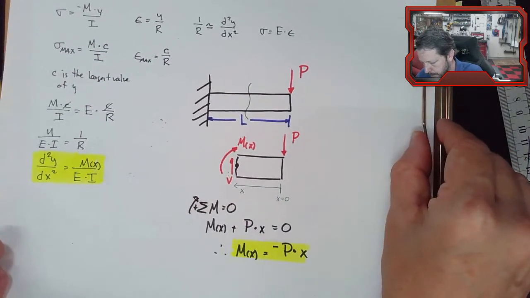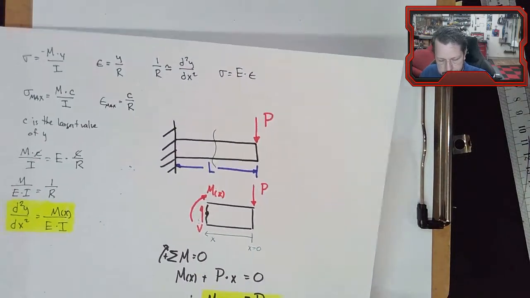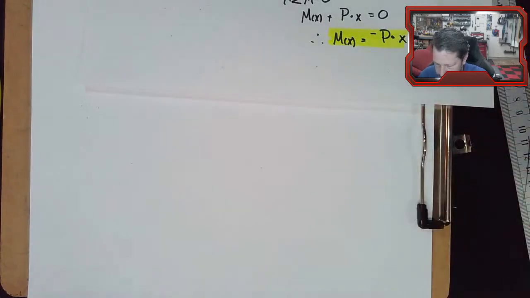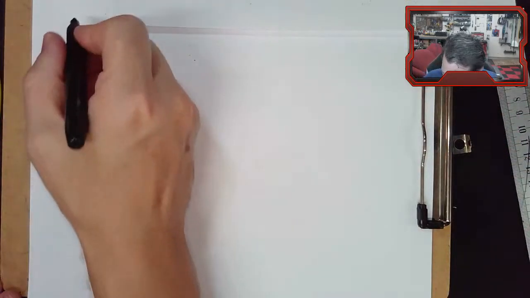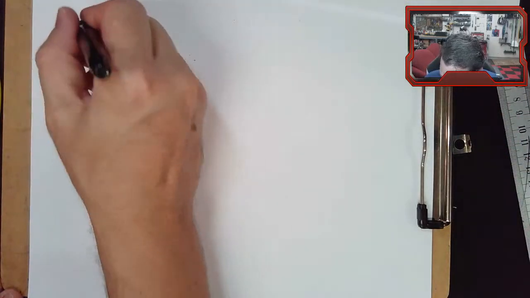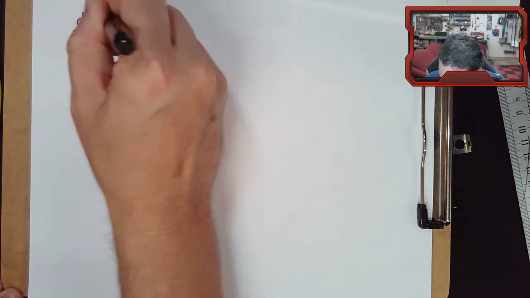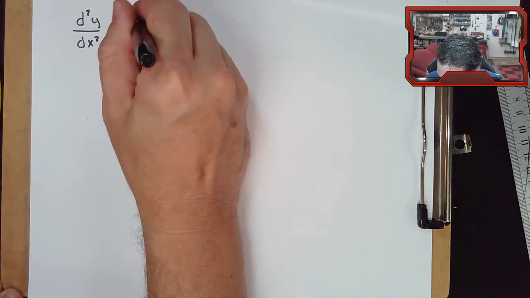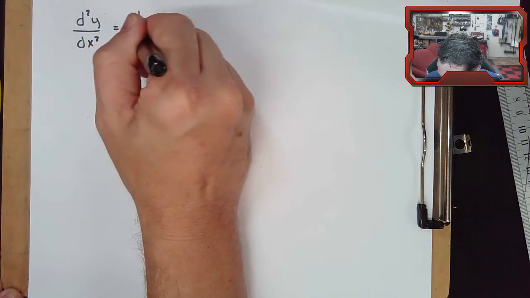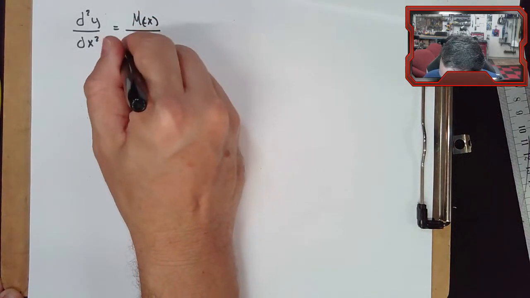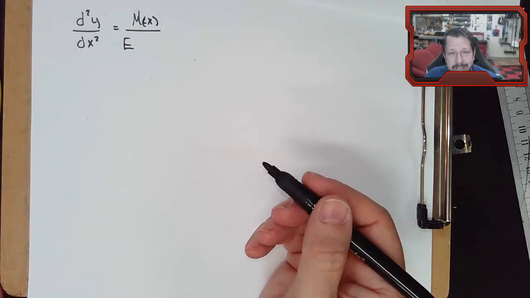Let's start a new page because we're not going to have room on this page for all that we need to do. So let's start with this. We'll use the big pen for this one. So I'm just copying down where we left off. The second order derivative, y with respect to x, equals moment as a function of x, over E, which is the modulus of elasticity, so that shouldn't change.